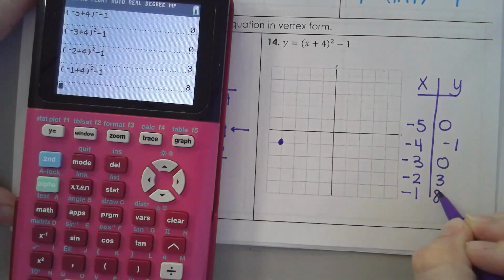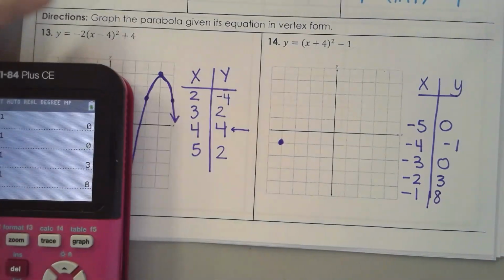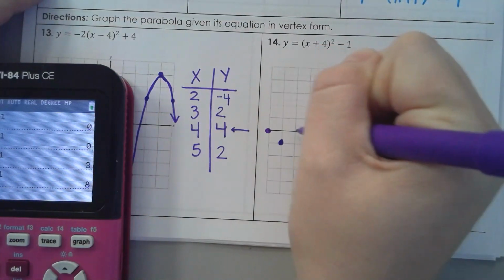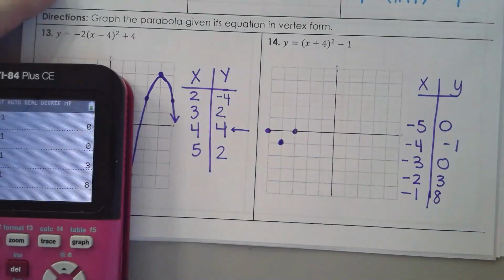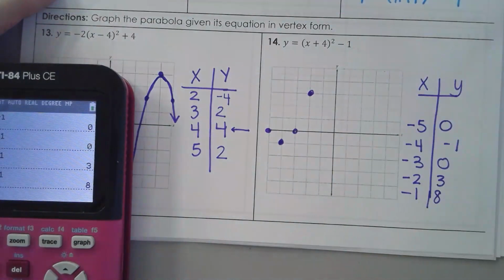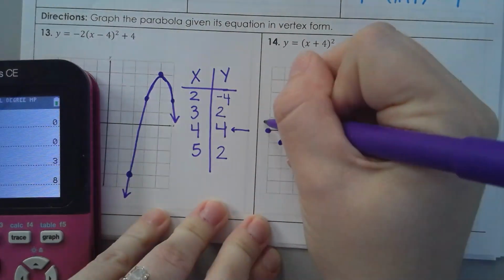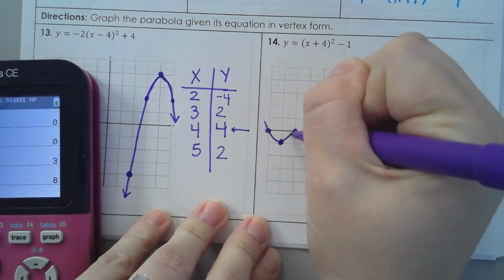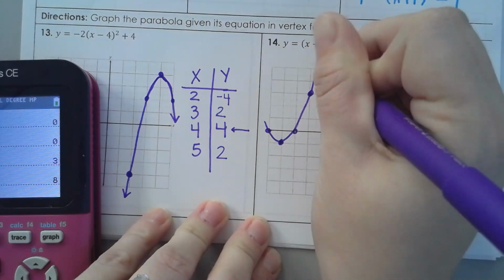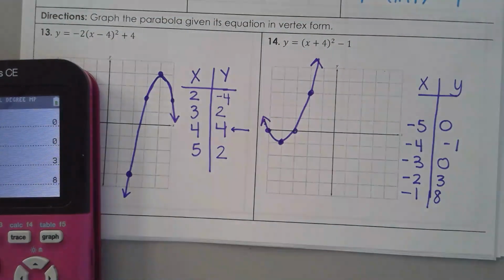And -1/8, that will not fit on my graph, so I just put as many as will fit. And it looks like this.